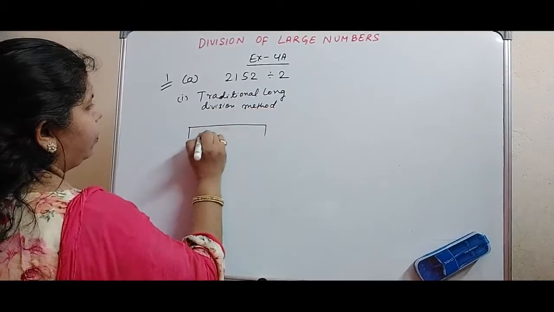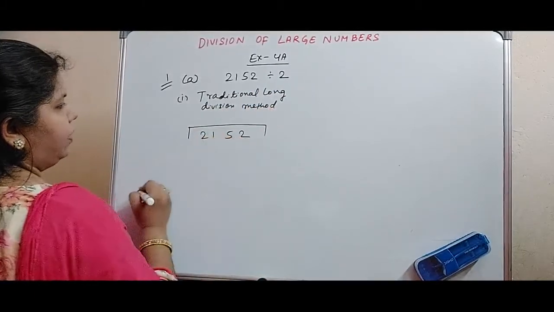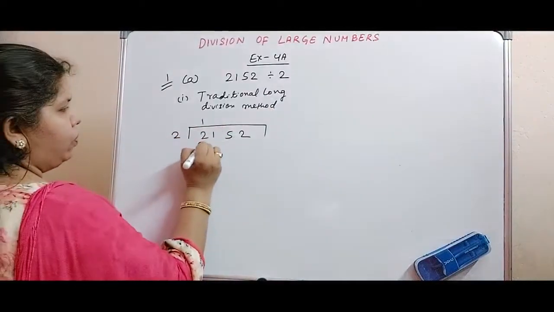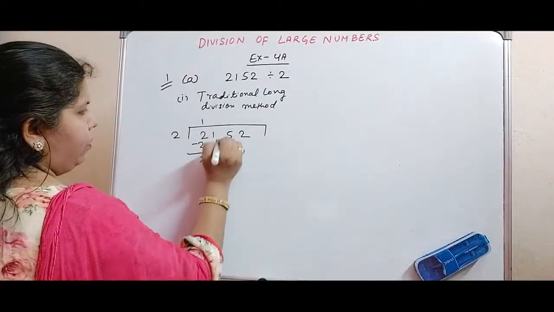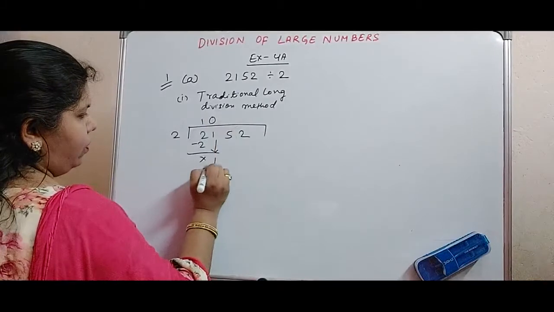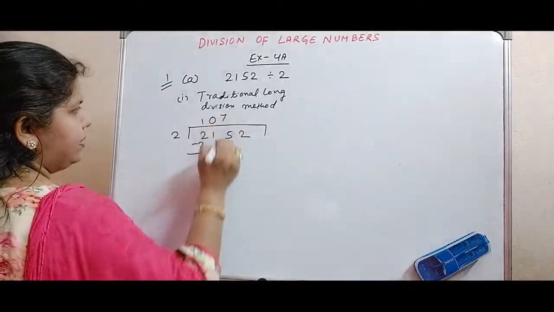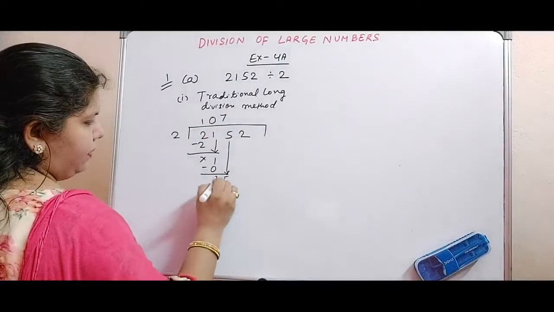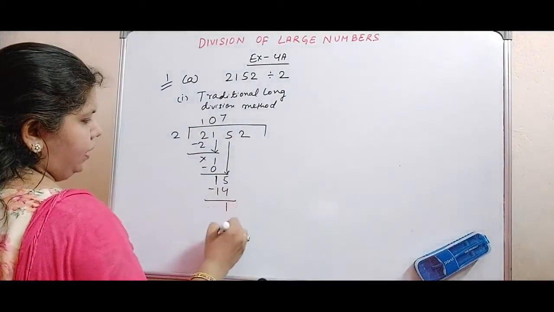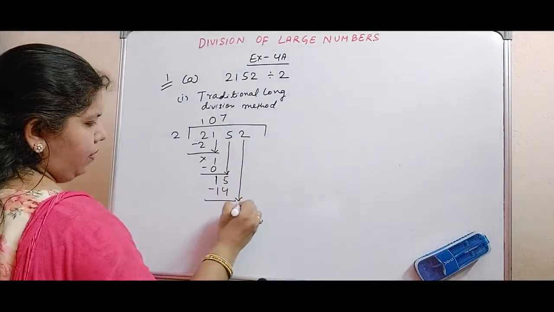How will we do it here? 2152 you have kept here in the dividend place. 2 ones are 2, 1 came down, 2 zeros are 0. Now this 5 came down, 2 sevens are 14. After subtraction you got 1 here, and this 2 will come down.